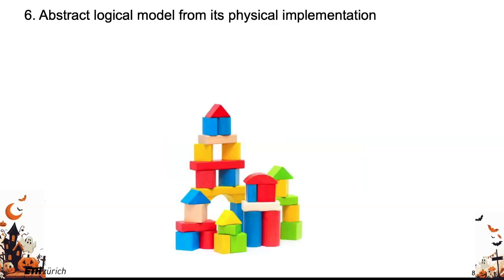Then you have lesson number 6, which is data independence. We need to abstract a logical model independently of the physical implementation. It means that when you look at relational tables, you shouldn't care about how the bits are stored on the disk. You just have rows and columns. When you look at HDFS, you shouldn't have to care about how the blocks are actually stored on the disk.